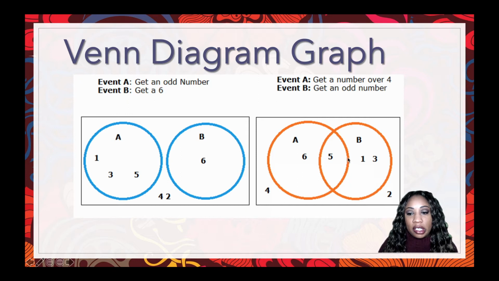But now notice that we have this intersection. So 5 works for event A, and it also is included in event B. And so when we're thinking about things that are disjoint and things that can actually happen at the same time, you can think of this diagram. So 5 fits into both, where here we don't have anything that is in both.